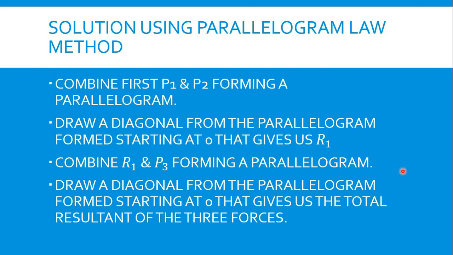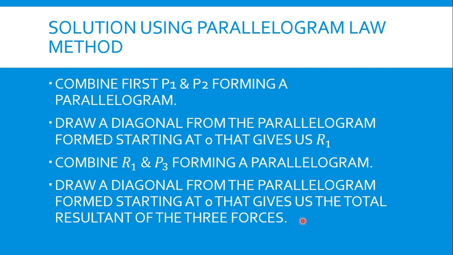Then draw a diagonal from the parallelogram formed starting at 0, which gives us resultant 1. Then combine resultant 1 and P3, forming a parallelogram. Lastly, draw a diagonal from the parallelogram formed starting at 0, which gives us the total resultant of the three forces.